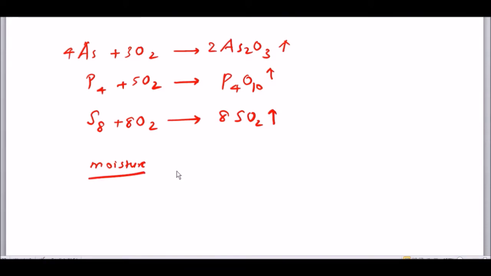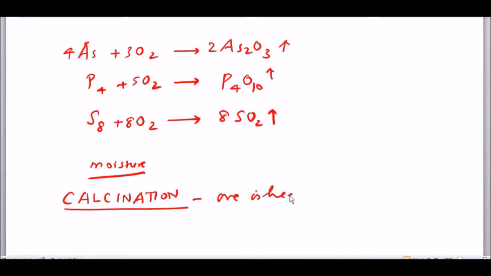So certain ores are roasted like this and some other ores are treated by the procedure called calcination. What is the difference in between calcination and roasting? The calcination means in the calcination procedure, the ore is heated in absence of air. This is the major difference.